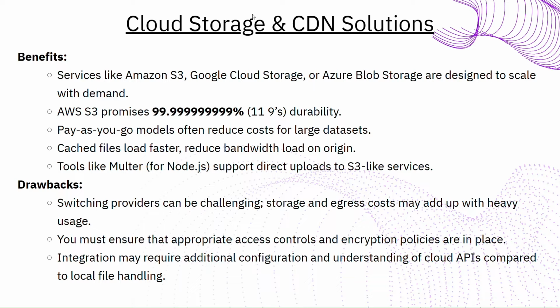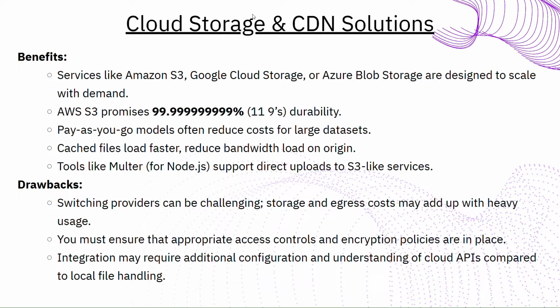Caching makes files load faster and reduces bandwidth load on the origin. This is also an important thing. Whenever the user makes a request, we fetch the file from the CDN and serve it to the user. When we cache those files, it reduces bandwidth, loads the file to the user faster, and also reduces load on the origin.